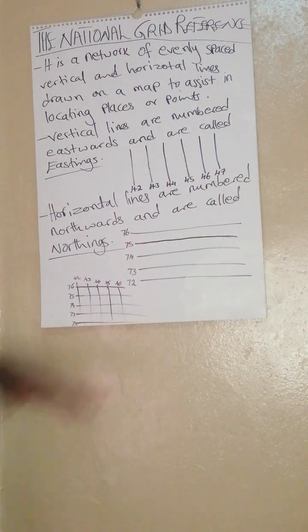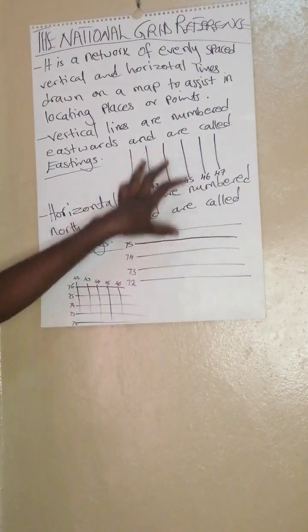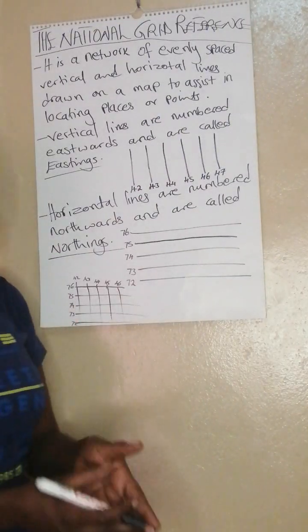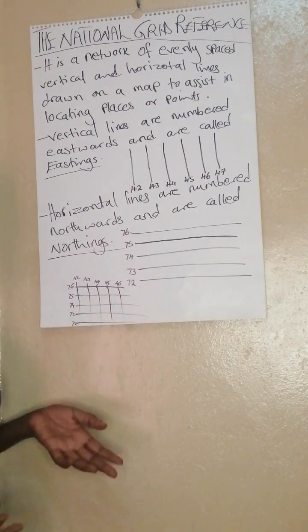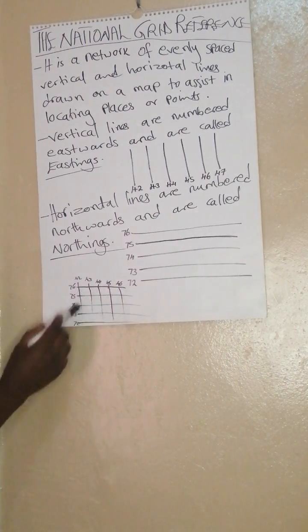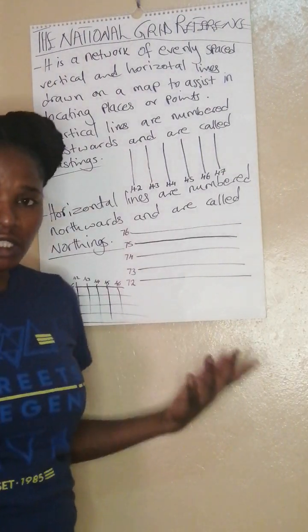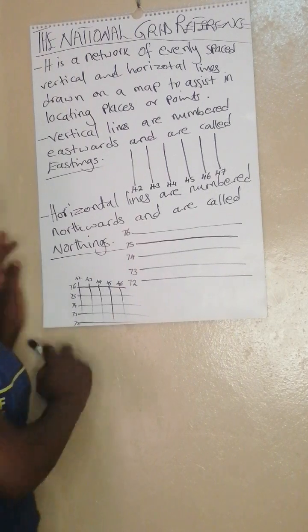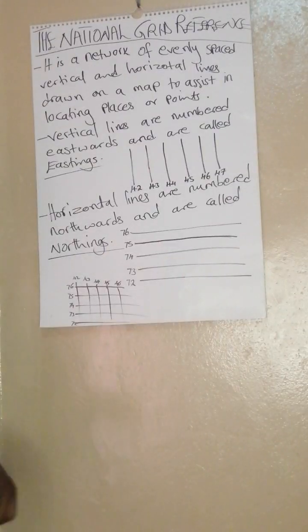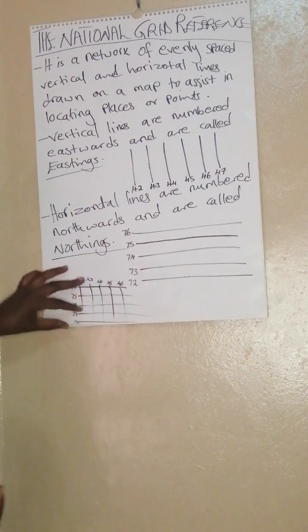When these types of lines are put on a map together, they form squares. When you look at these squares, they are areas, they are regions. So we are able to locate places using these two types of lines: eastings and northings.